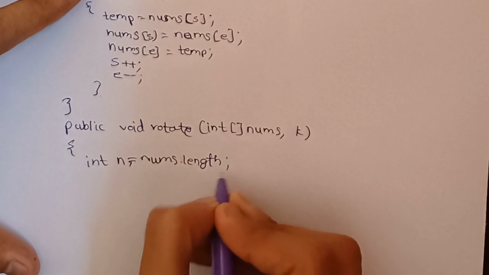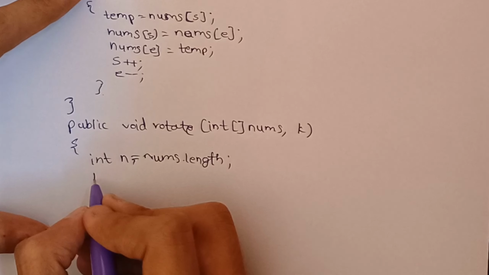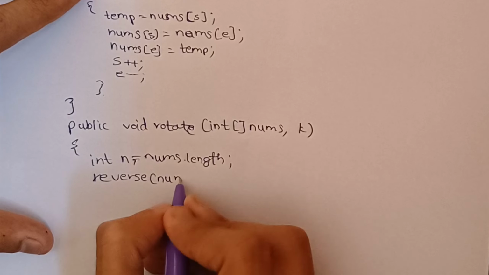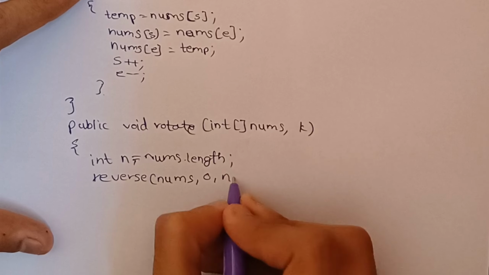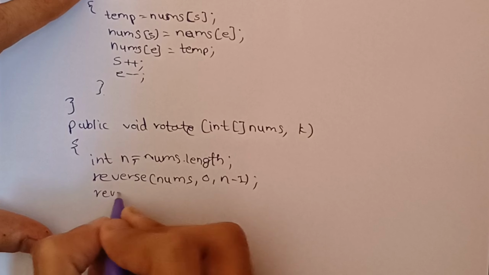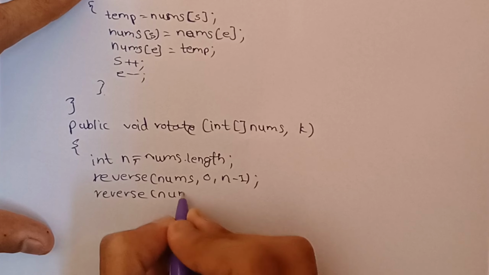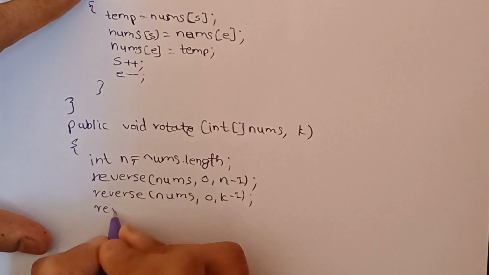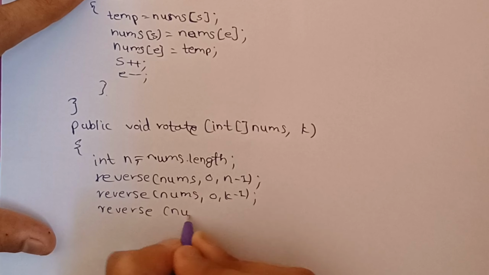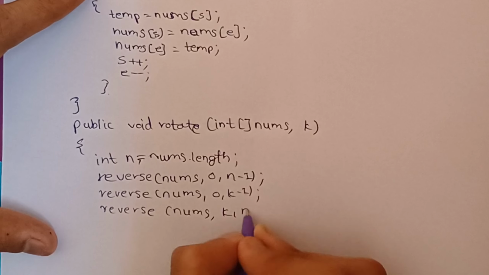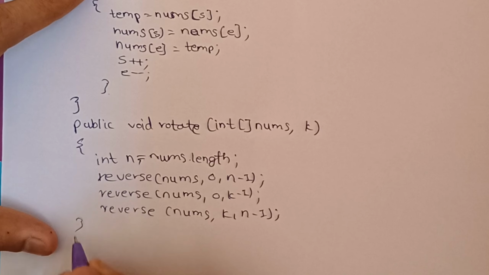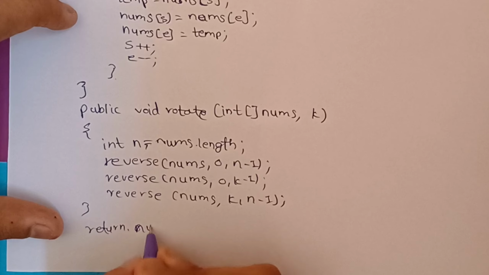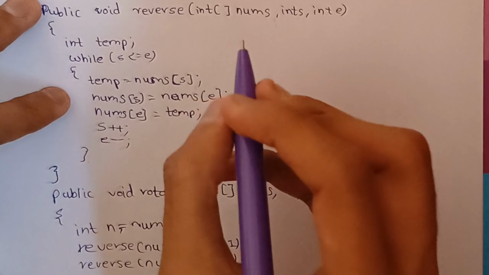Then we write the reverse function on the nums array, 0 to n minus 1. Similarly, reverse nums array 0 to k minus 1, and third, reverse nums array k to n minus 1. This is a very simple approach, and simply we will return nums.